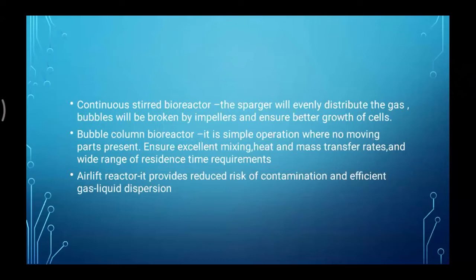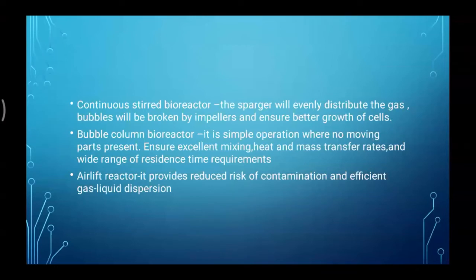In the bubble column reactor, there is no moving part like a sparger or baffle. There will be an empty column, and it works based on the principle of heat and mass transfer. There is a wide range of residence time requirements and larger attributes of our desired sample. In the airlift bioreactor, the reactor is split into 2 parts, the riser part and the downer part.